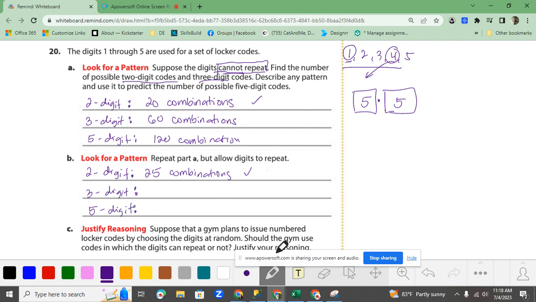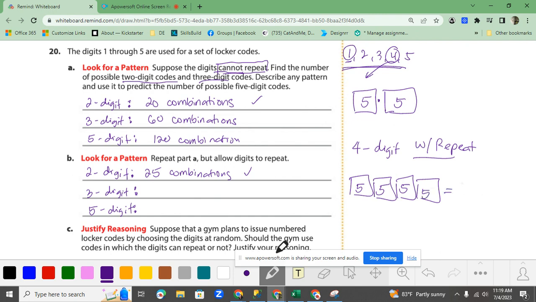Now I'm gonna give you another example, which is a four-digit combination, four digits with repetition. Okay, so you can repeat this. So you have four boxes for the four digits, so four numbers in your code. Since you can repeat, the first one has five possible numbers, and you have five also here, and five also here.